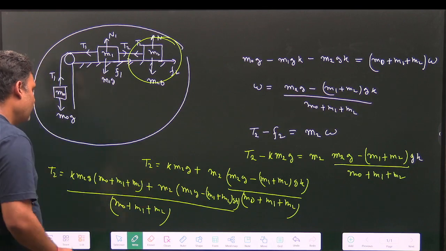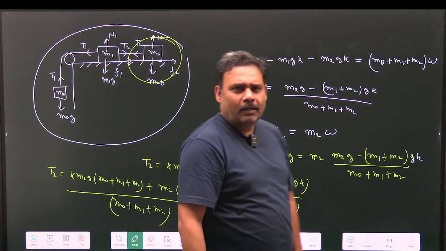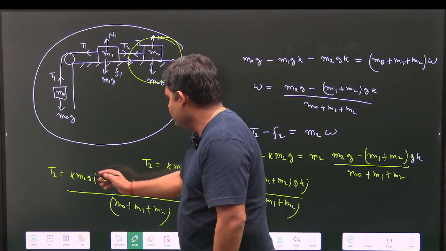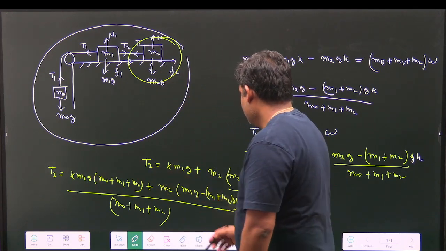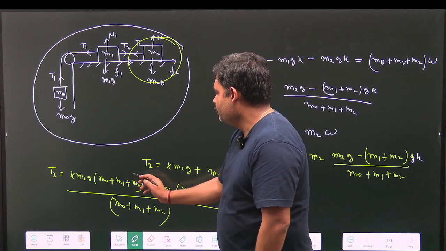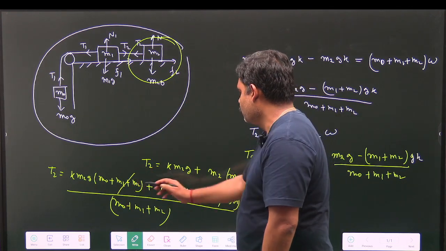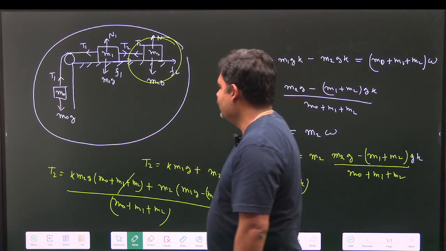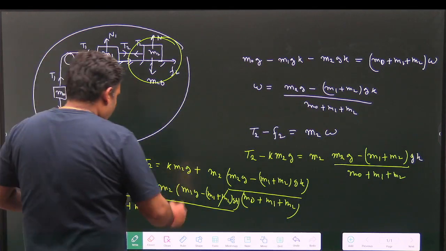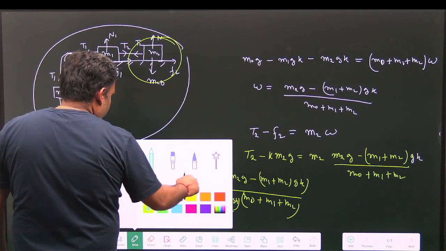And now you can see this looks very clumsy, but a lot of things are going to cancel out. What will happen? This k m2 g into m1 plus m2, so here you can see that k m2 g into m1 plus m2 is on both parts. So this part is going to cancel out. And finally we can get the final result for T2.